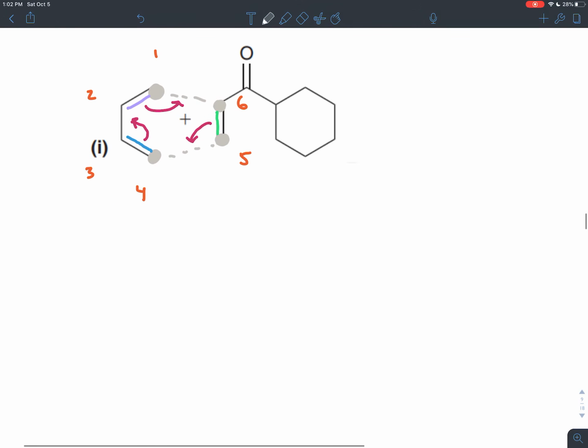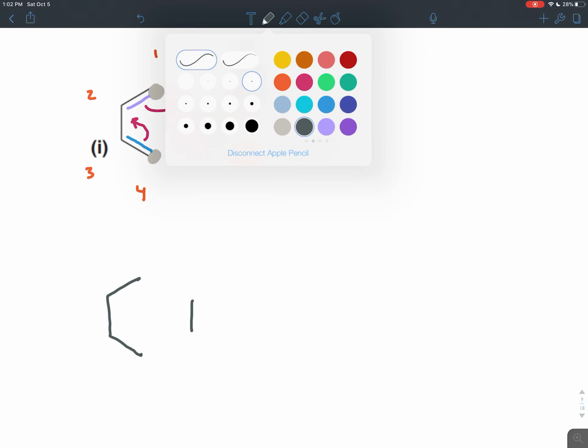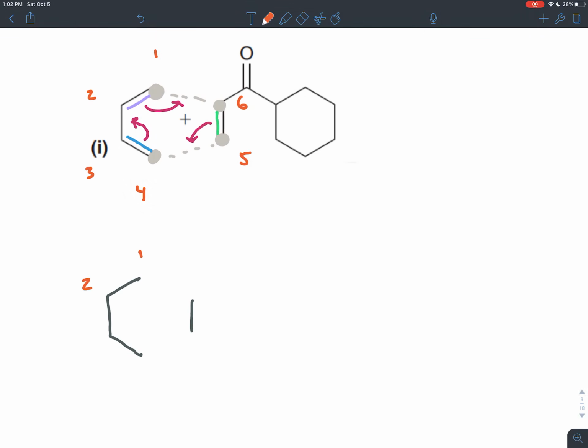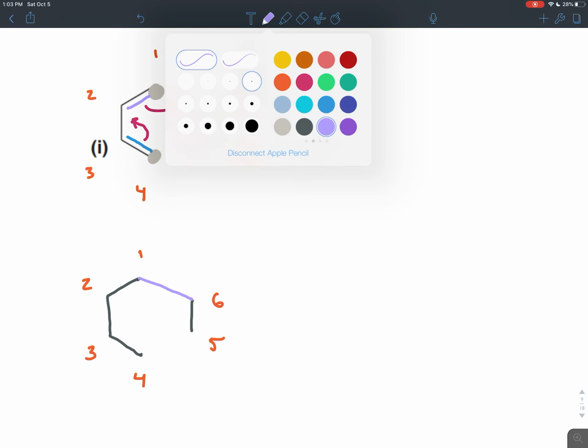So now we will draw our carbon skeleton for the diene, the carbon skeleton for the dienophile, number them so we can sort of think about it more clearly. And here, the purple pi electrons are going to go from being between carbon number 1 and 2 to being between carbon number 1 and 6, so they form that sigma bond there.